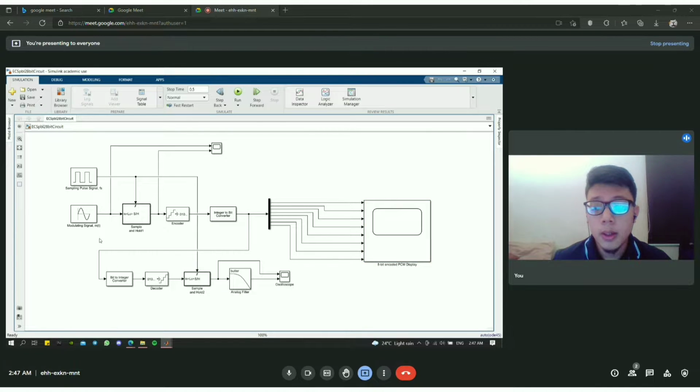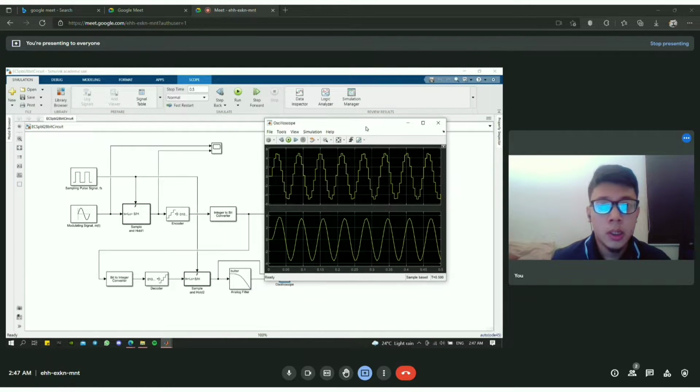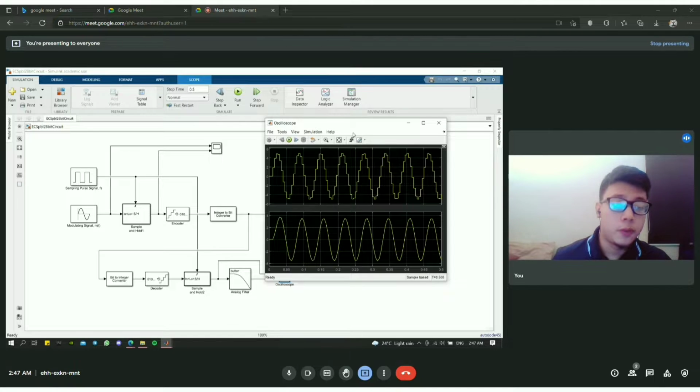Then to convert it back to analog, it goes to the bit to integer converter and then the decoder process. You can see here. This is the signal before going through the analog filter. After going through the analog filter, it produces a signal like this.